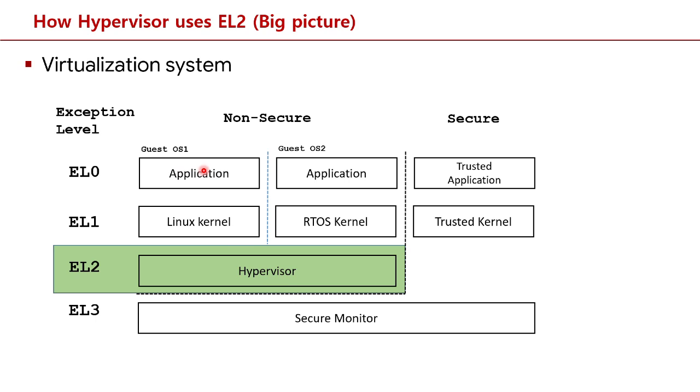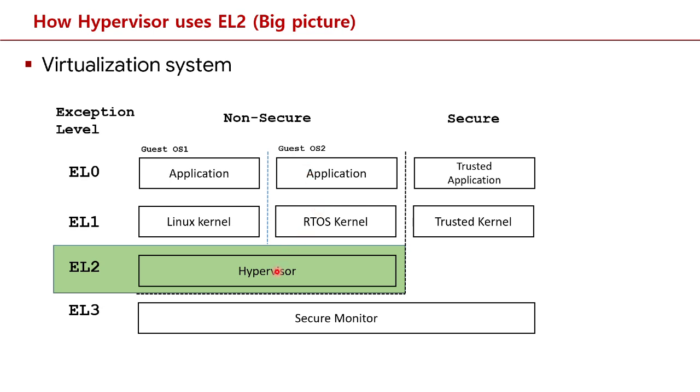Take for example, if guest OS 1 is very busy with a higher workload, the hypervisor should allocate more virtual CPU and more virtual memory area to guest OS 1. But at the same time, guest OS 2 may not be busy in some cases.